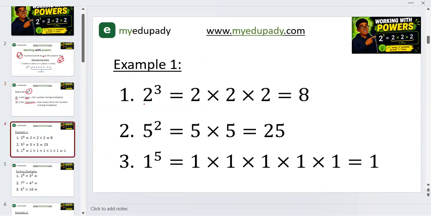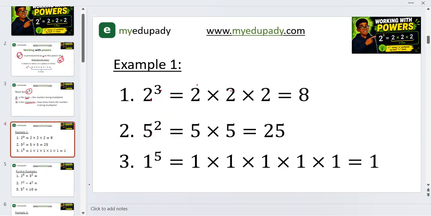We have this, 2 exponent 3, or you can call it 2 to the power of 3. When you say 2 exponent 3, what it means is that you are multiplying 2 in 3 places. And that gives you 2 times 2 times 2, which is 8. If we say 5 exponent 2, it means I'm multiplying 5 in 2 places.